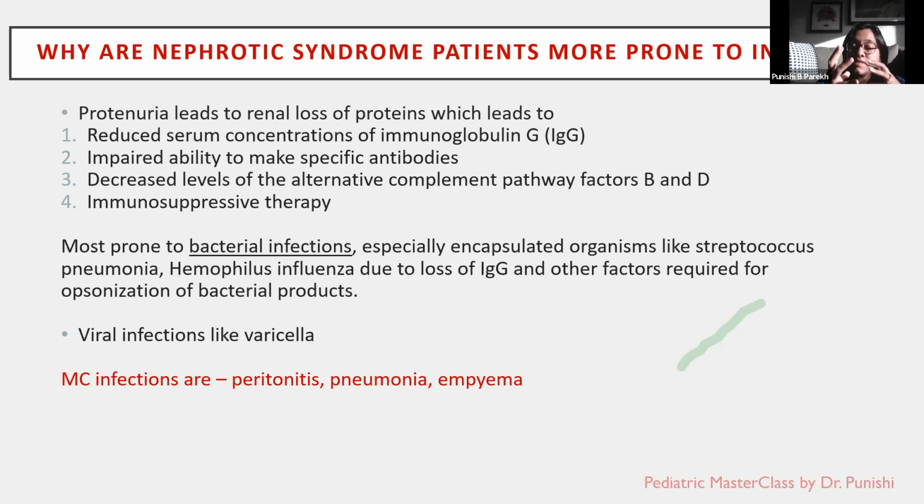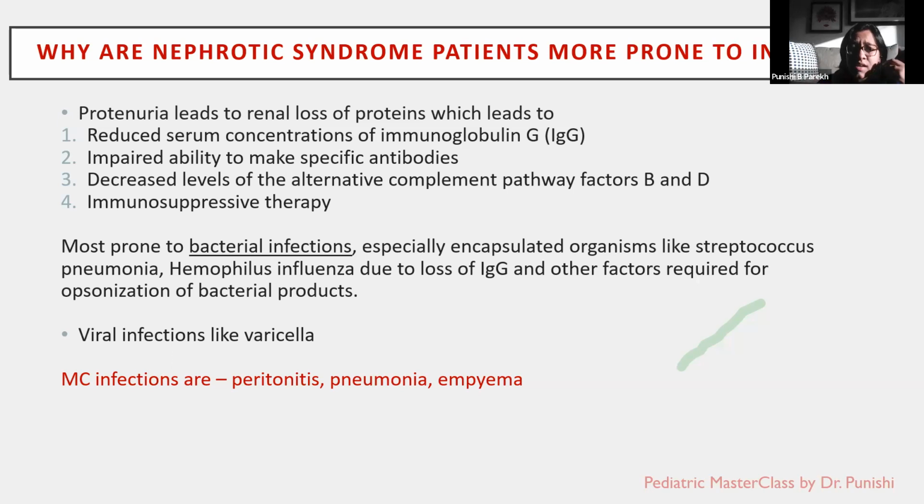That's the reason why it's important to vaccinate these nephrotics with special vaccines, specifically targeting the encapsulated organisms. The next common set of infections is viral infections, the most common being varicella. Now, the most common infections that you would see in a nephrotic are peritonitis, pneumonia, and empyema. Okay, so I hope this is clear as to why these kids are more prone to infection than a normal child.